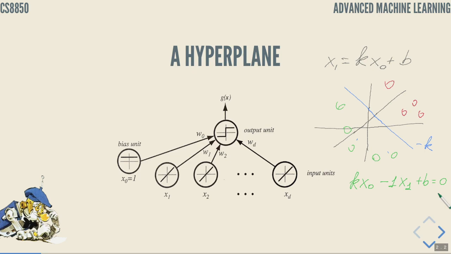Now if we split those coefficients and arrange them in a vector k, minus 1, and b, and represent our x, our parameter space, as x0, x1, and 1, then let's call this w, and let's call this x. Only w and x are vectors now.